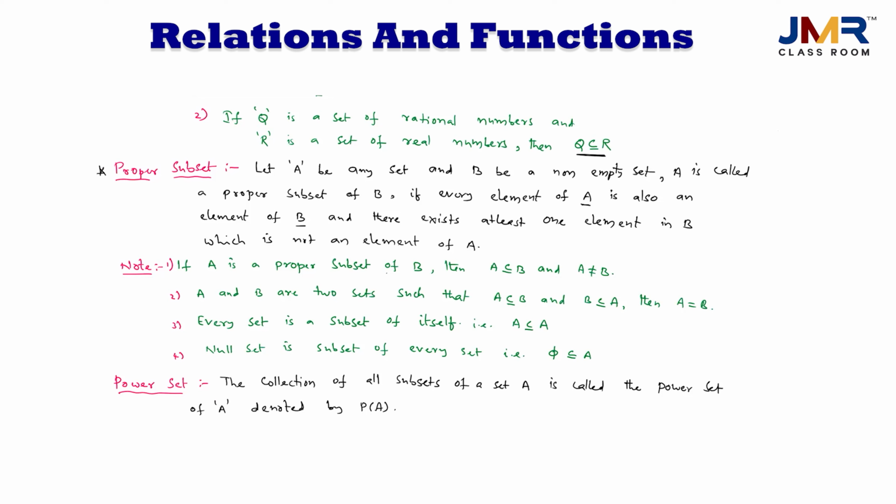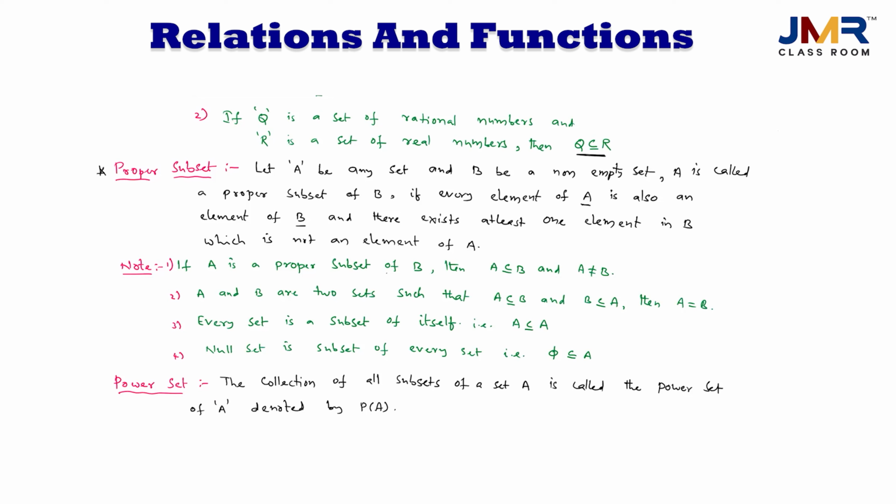Every element of A is also an element of B and there exists at least one element in B which is not an element of A.